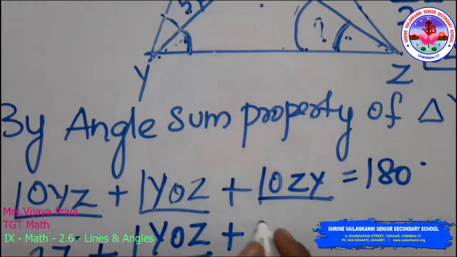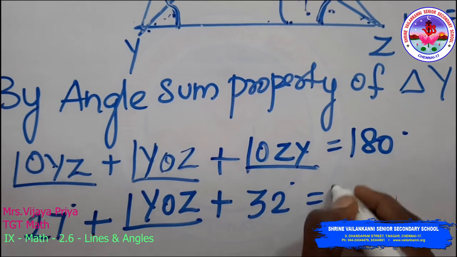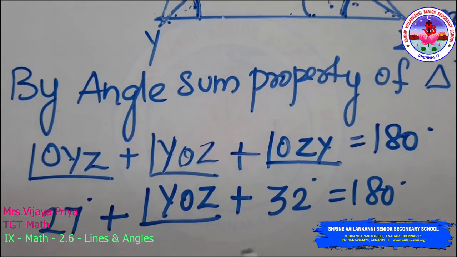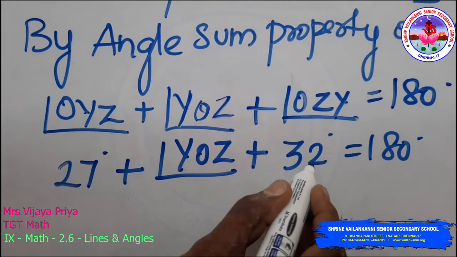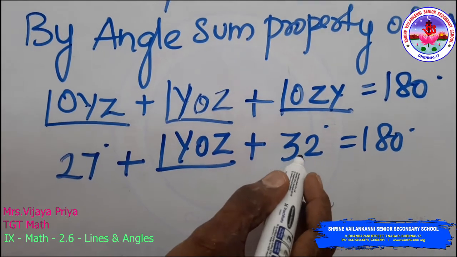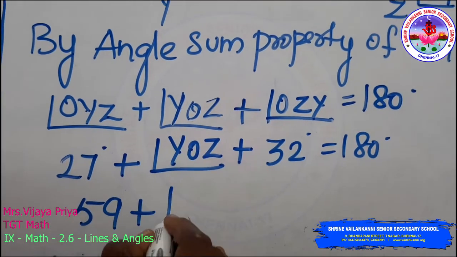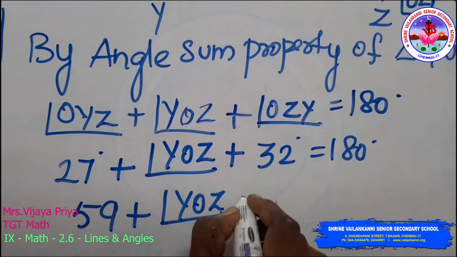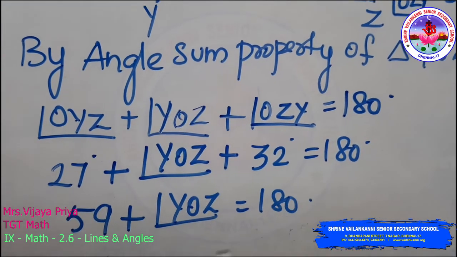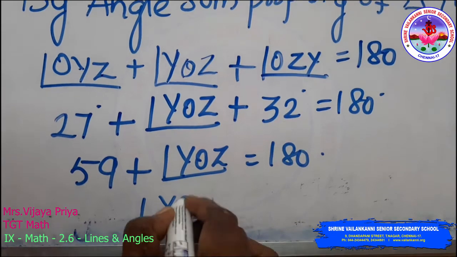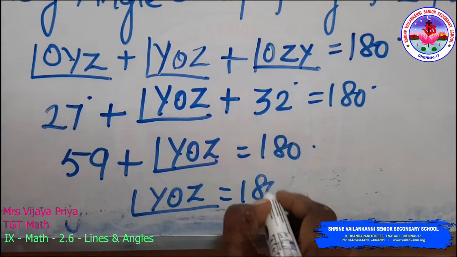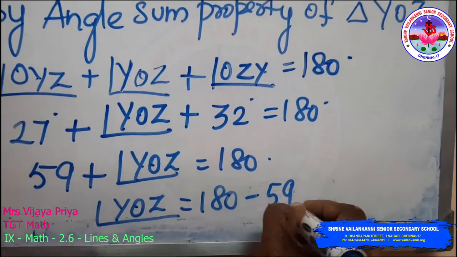I am going to substitute 32 degree here, which is equal to 180 degree. So now 27 plus 32, I will get 59, plus YOZ is equal to 180 degree. So angle YOZ is equal to 180 minus 59.